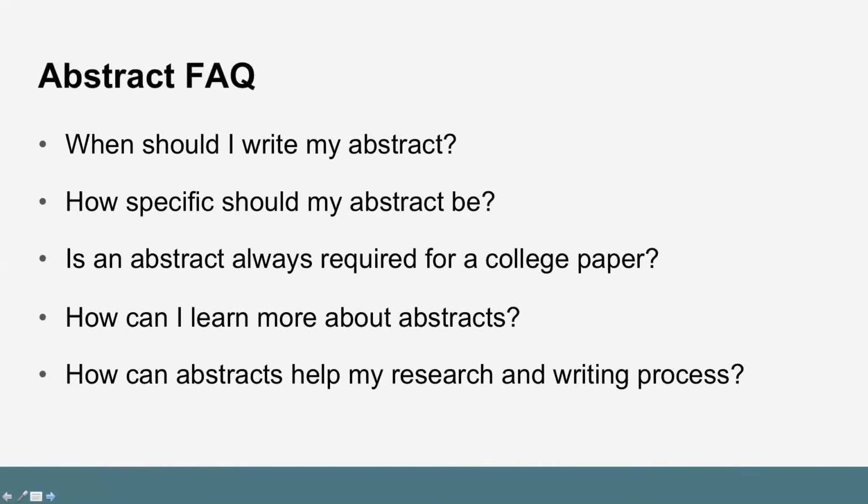Again, it helps you in that weeding-out process as you're doing research, because after you put your keywords into the library database, you're probably going to come up with thousands of different hits. Reading those abstracts can help you decide which are actually relevant to your study and which you should spend your time reading. And then your own abstract helps you keep the bigger picture in mind as you write your paper. You can remember what your main point is, what your objective is, and that helps you decide what to include in your paper.